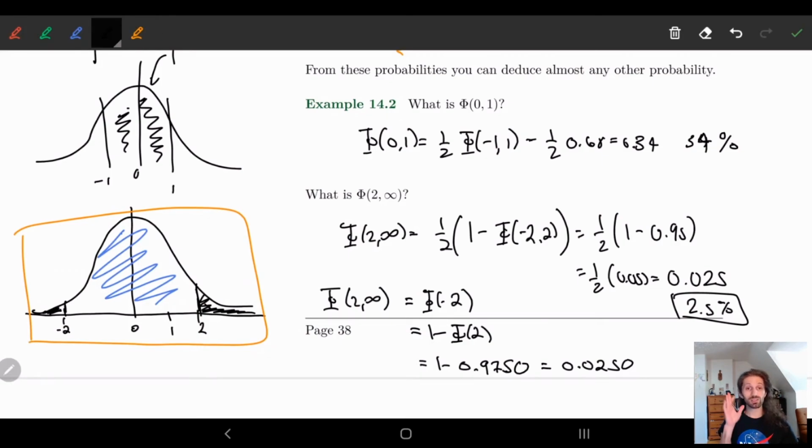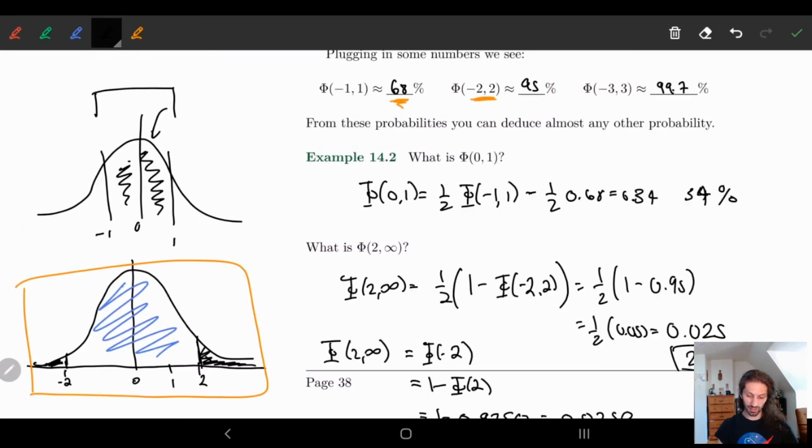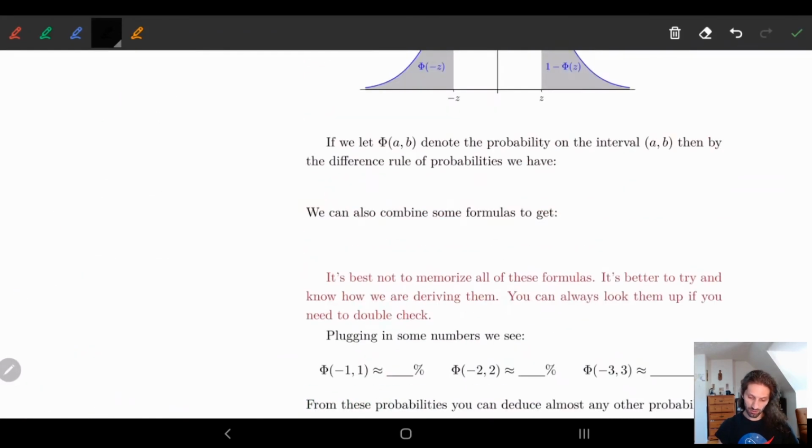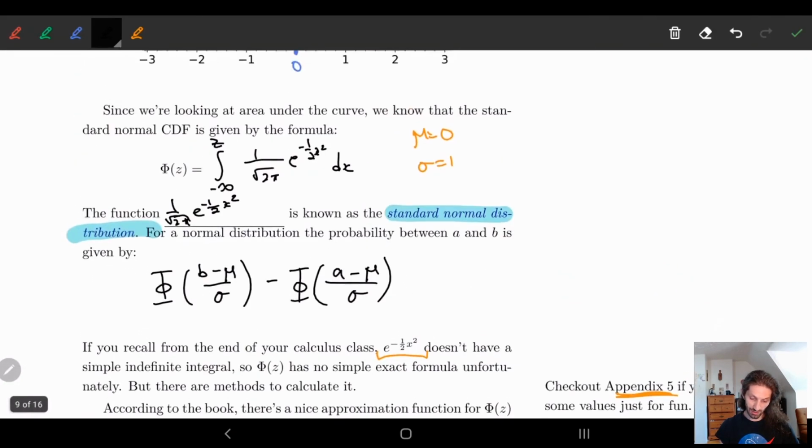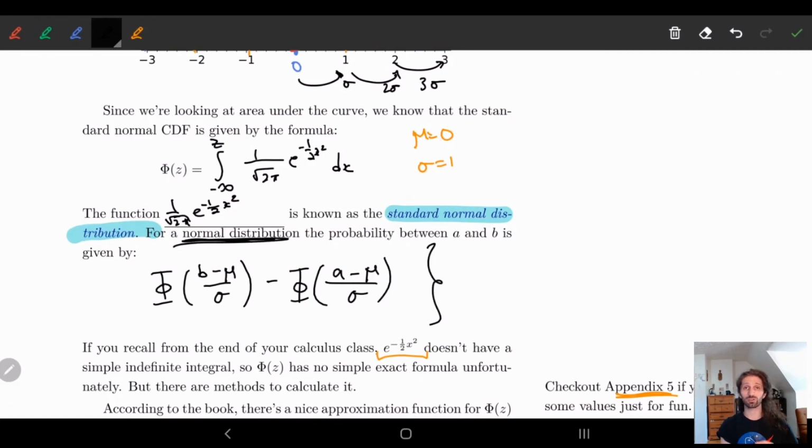So notice how these are also the standard versions. One of the big things is, a lot of times these aren't necessarily mu's or something. So you have to remember that a lot of times when we're looking at these phis, we're going to be using this formula for the probability for a normal distribution, not a standard normal distribution.